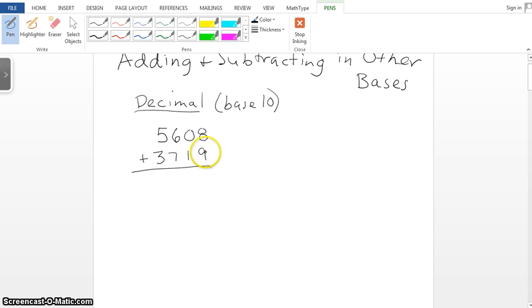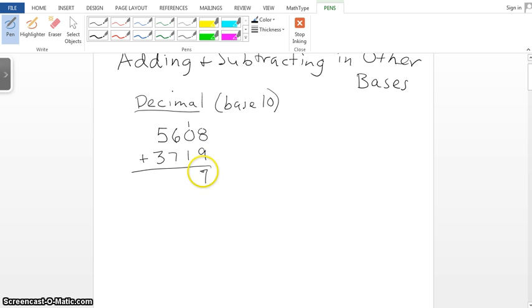You take 8 plus 9, which is actually 17, but you don't write the 1 and the 7 down here. You put the 7 down and carry your 1 forward. That 1 in the next decimal place actually represents the 10 that's carried forward. So you put the difference between the base and this total.